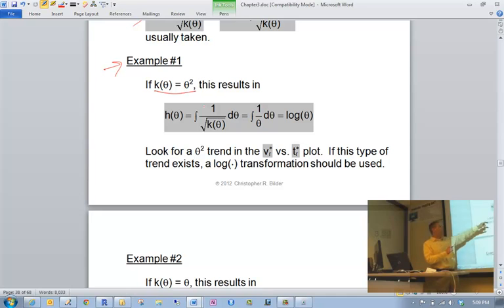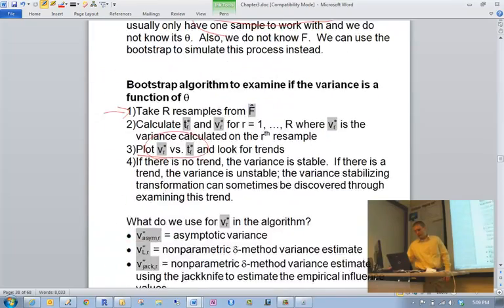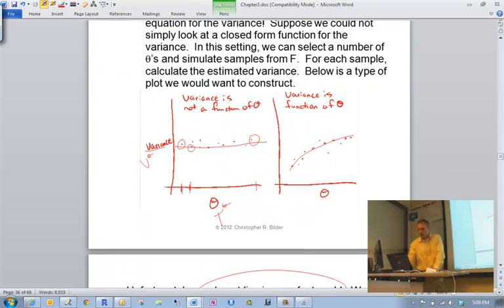If you see a quadratic trend in our plot, so if these points were scattered about like this, where this was theta and this was v, obviously you see a quadratic trend, so apply that same idea now to a plot of t star versus v star.